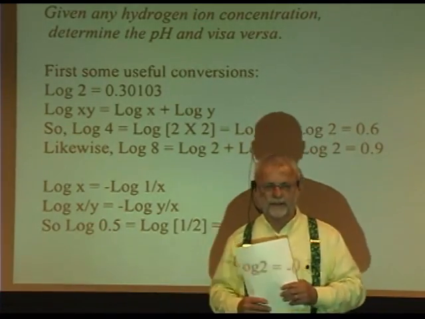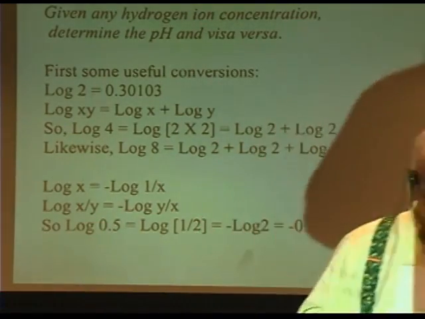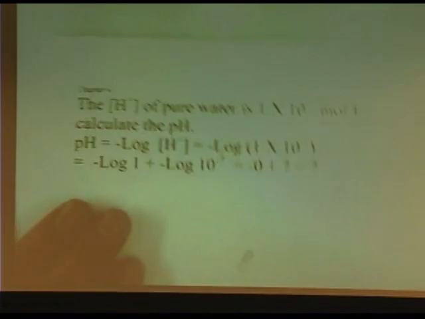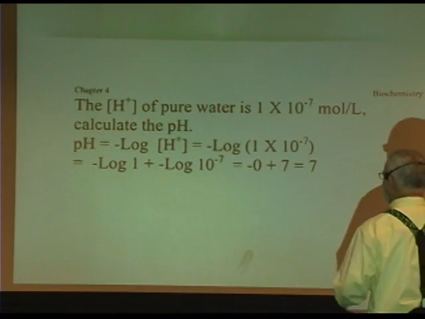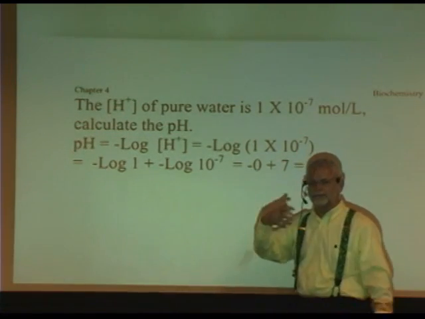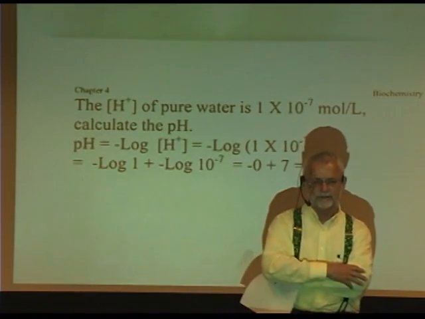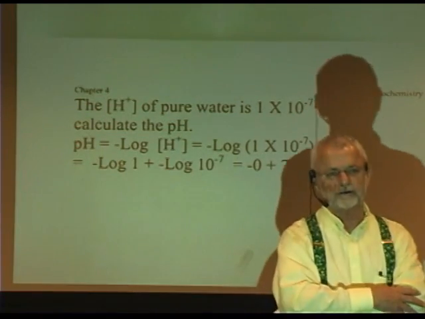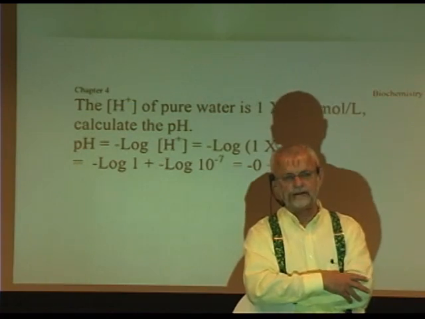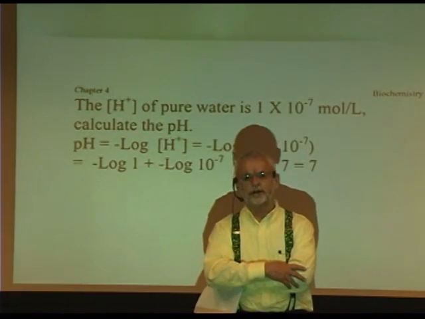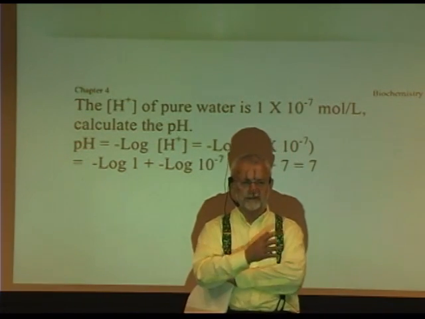Now, armed with those simple facts, we're going to go on here and start determining things. We're going to determine the pH of a water solution. Now, in a water solution, because we know about the Kw, the ion product of water, we know that in pure water, we have 1 times 10 to the minus 7th molar hydrogen ion and 1 times 10 to the minus 7th hydroxide.